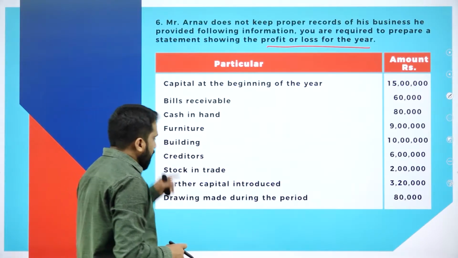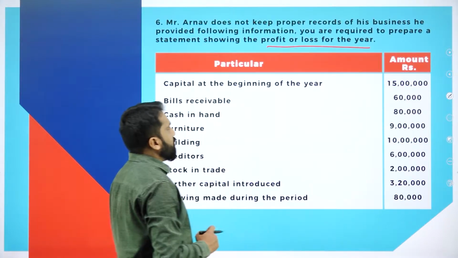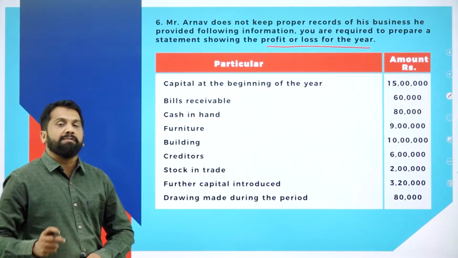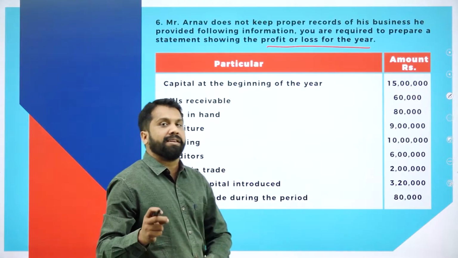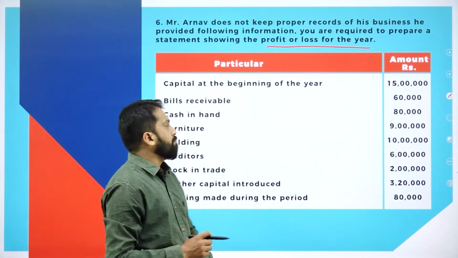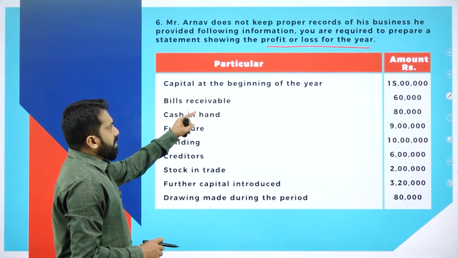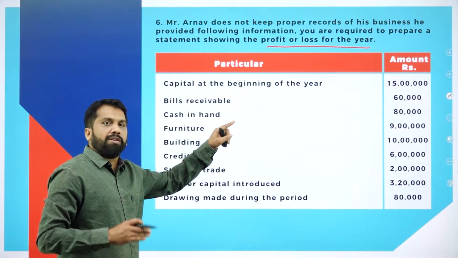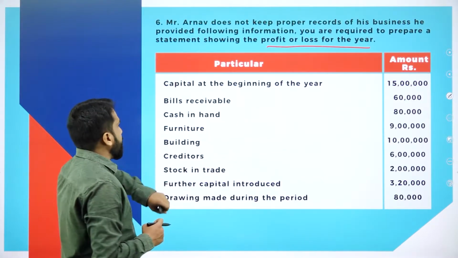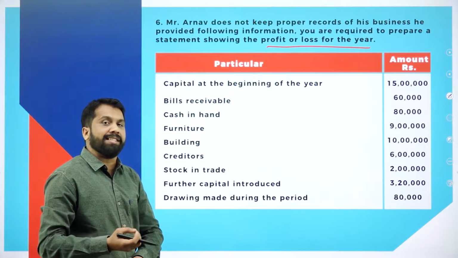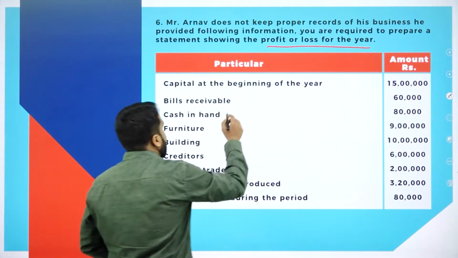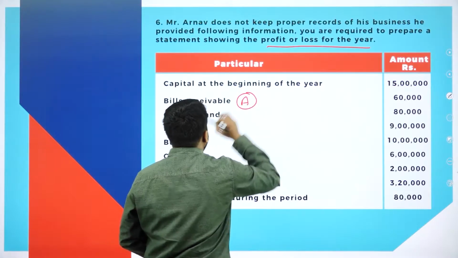Now, these are the information we have. First, we will prepare the statement of affairs. Capital at the beginning of the year, we don't want now, we'll take it later. Bills receivable: anything which is receivable will come under the asset side.